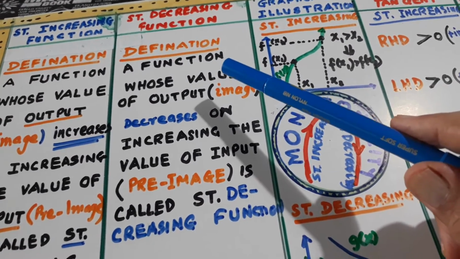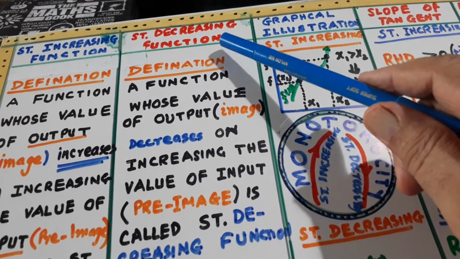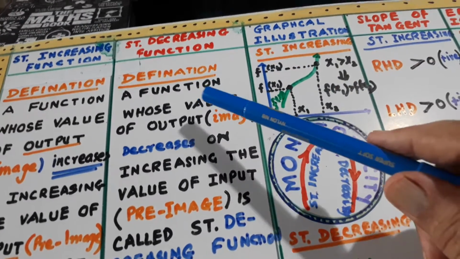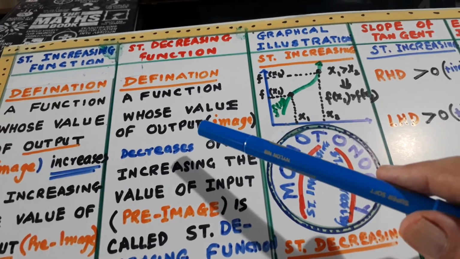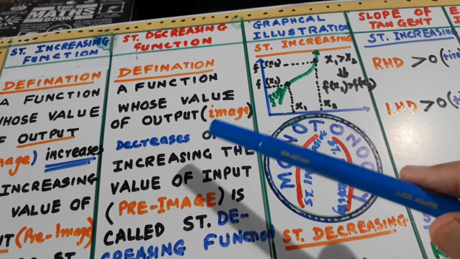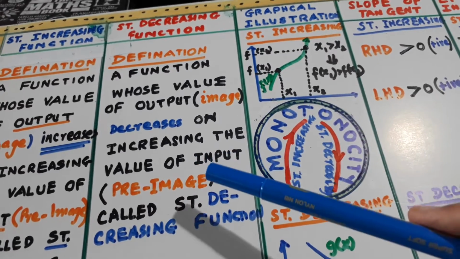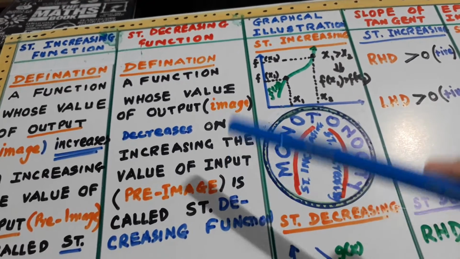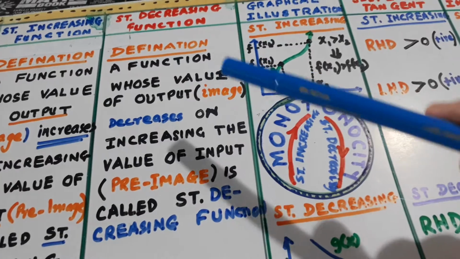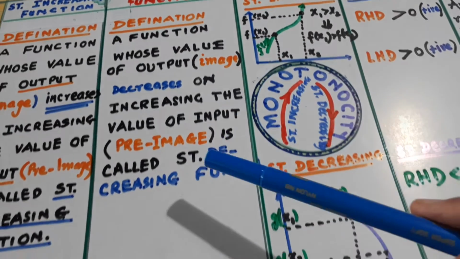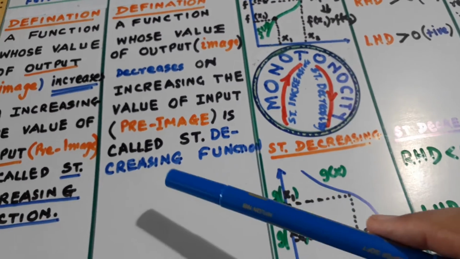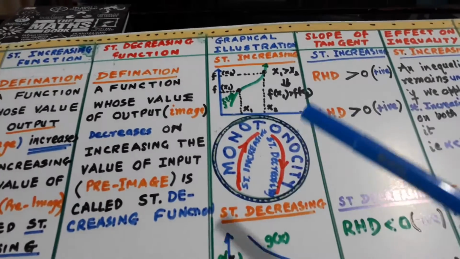Definition of strictly decreasing: a function whose output value decreases on increasing the value of input. The input is increasing, the output is decreasing. So it is called a decreasing function.